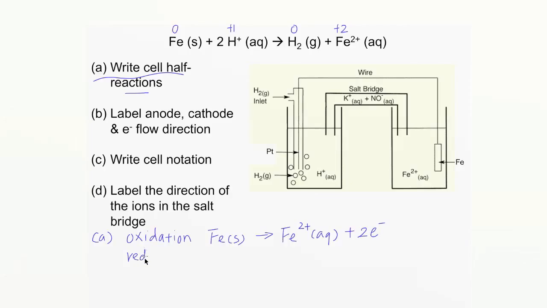Reduction would be the proton to hydrogen gas. You have 2 protons in aqueous solution to hydrogen gas. And if you count the charges, then you need 2 electrons on the reactant side to balance the charge.